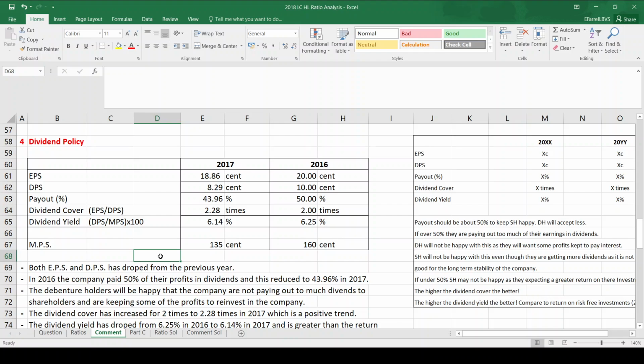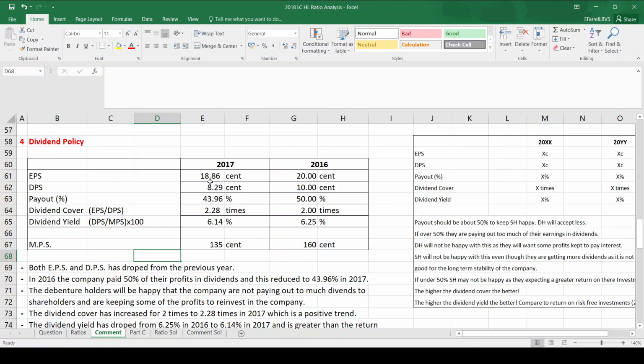From the point of view of shareholders, you might think they would like a really high return, but they would probably be happy with around 50%, because they're getting a return and they're also keeping an eye on the long-term stability of the company. If they're getting a payout of 80%, it'll be good for a year or two, but it won't be good in the long term. So around 50% is good.